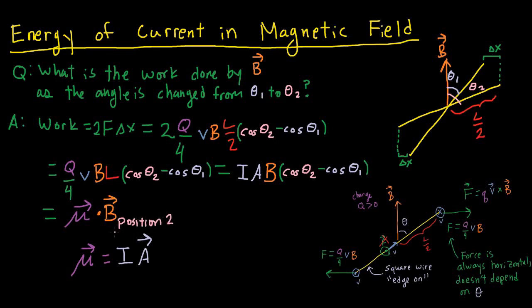So by this notation here, like subposition 2, all I mean is that when the wire has an angle of theta sub 2, that's all I mean by that. And then minus mu dot B when the wire is in position 1. Okay, and I'll get rid of this thing right here.